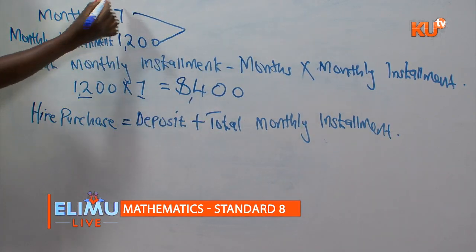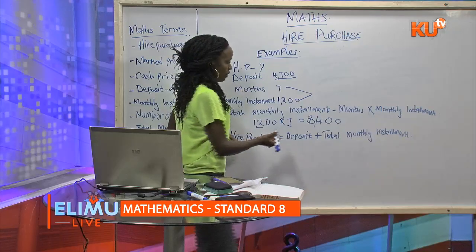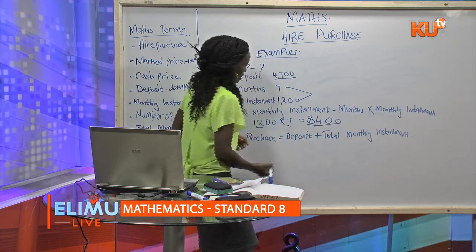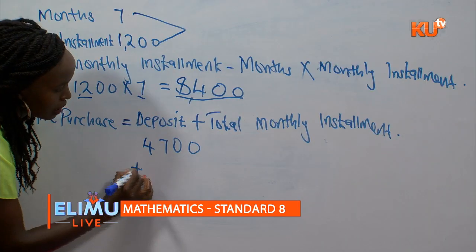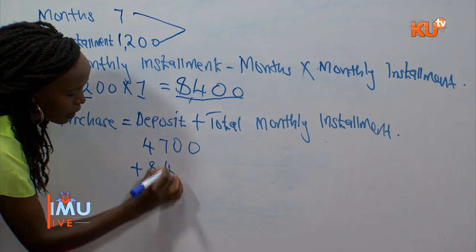So that means I'm going to take the 4,700 plus 8,400.